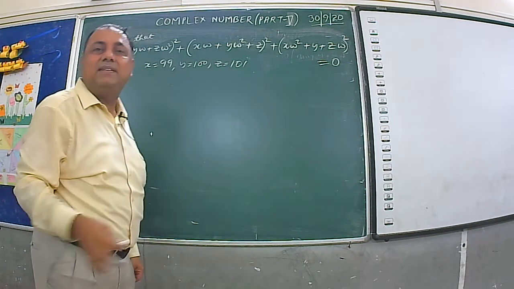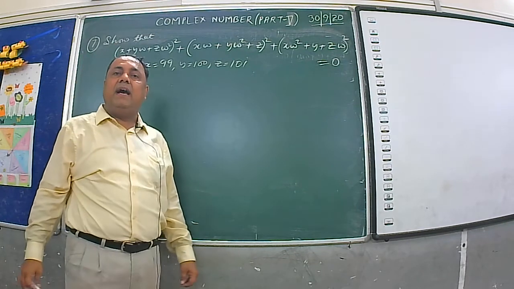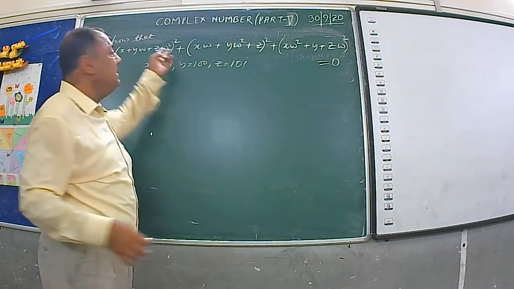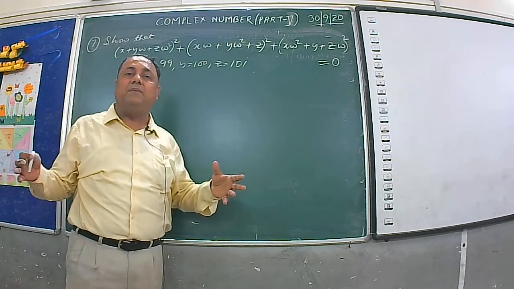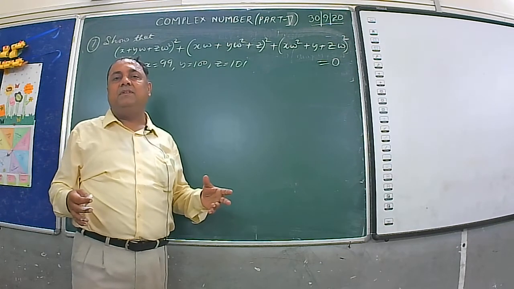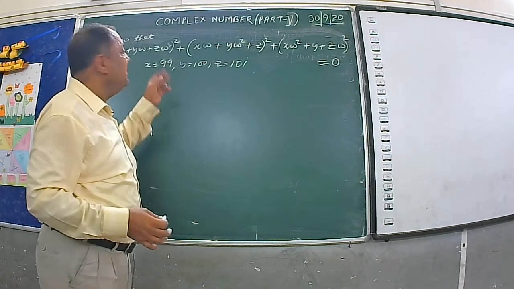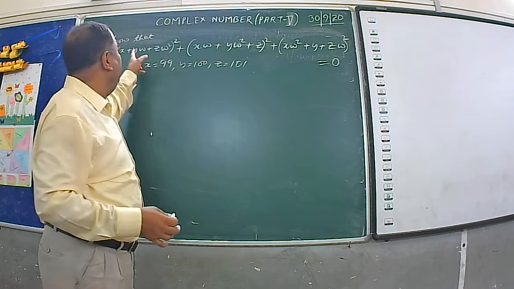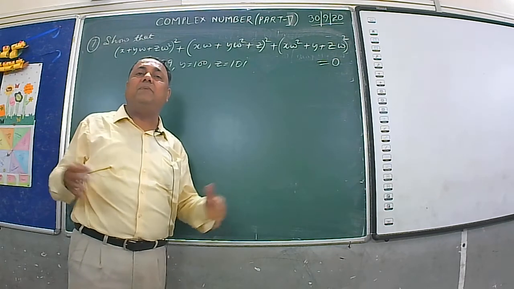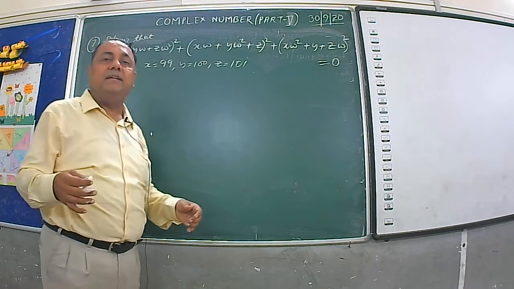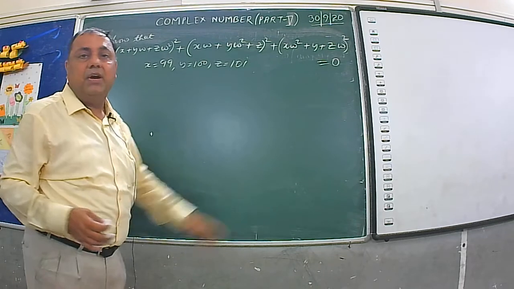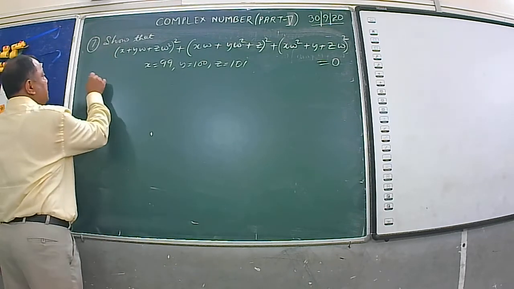Somewhat huge quantities may be given. Generally students start squaring, and if you square 3 terms, it not only becomes huge, it becomes unsolvable. So in your examination, you may be given particular values of x, y, z, so that you have to show this to be 0. I would just finish it off within 2 minutes.